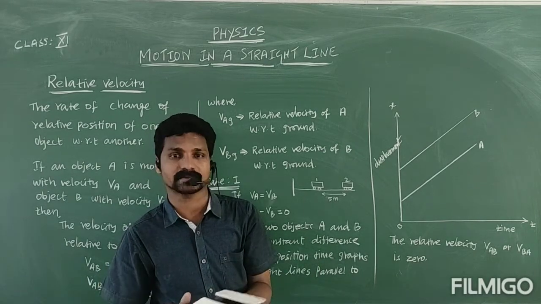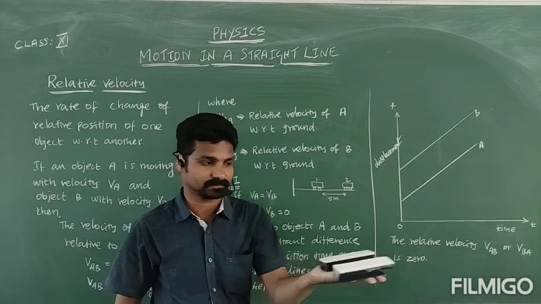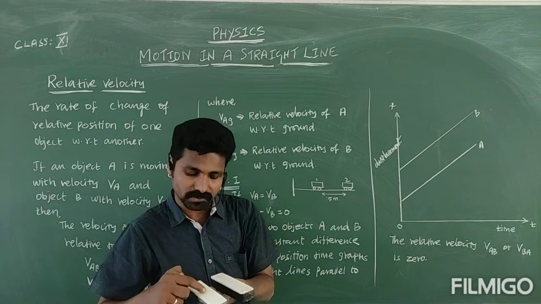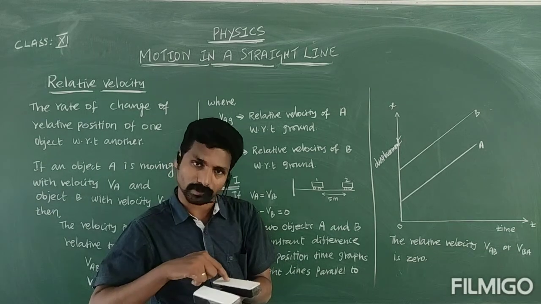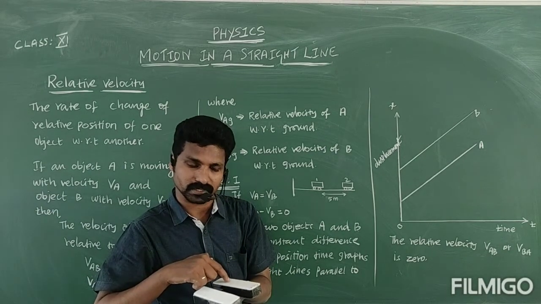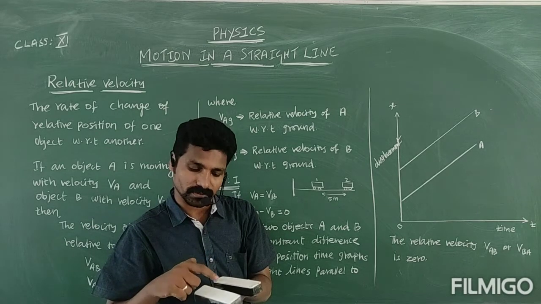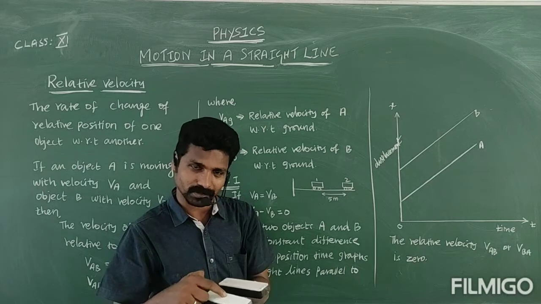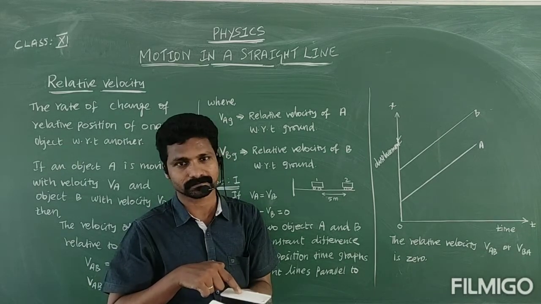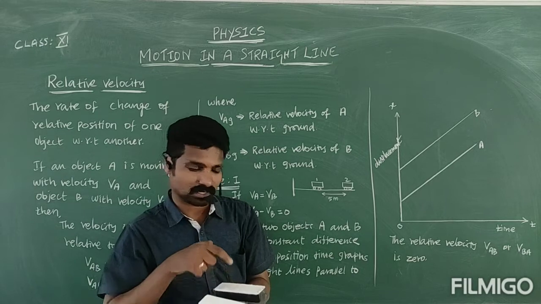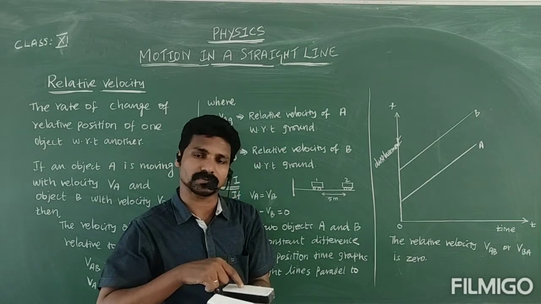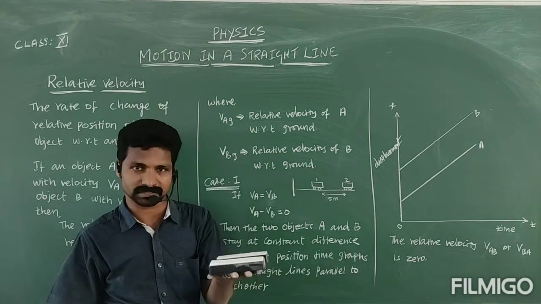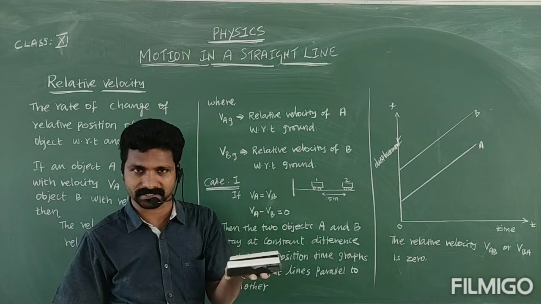Both cars are simultaneously moving with the same speed. So this is car A, this is car B. The car A velocity is 0 with respect to car B. Likewise, car B velocity is 0 with respect to car A, because both maintain the same speed in the same direction.